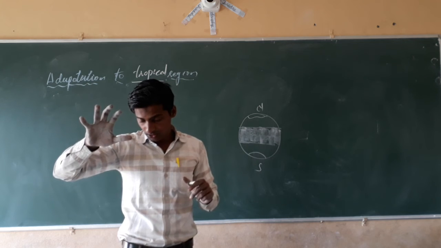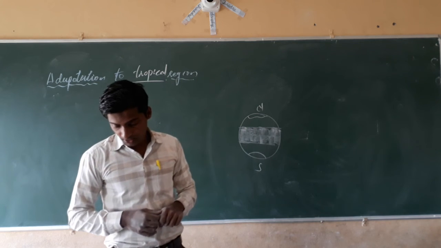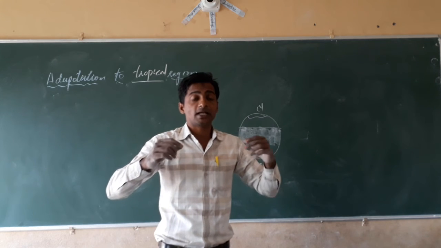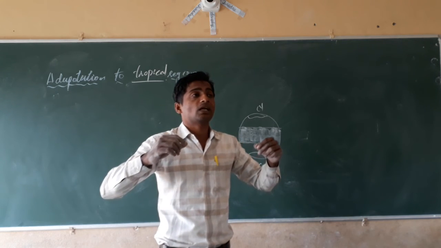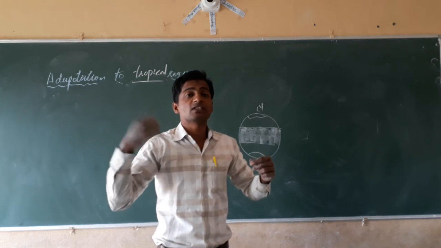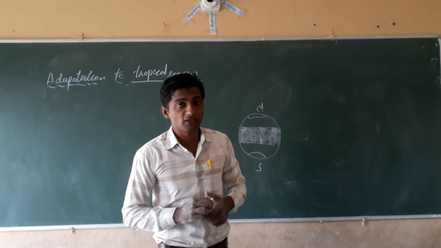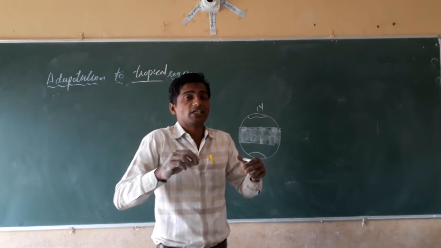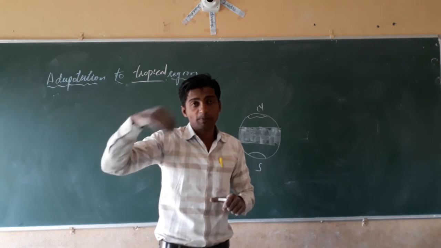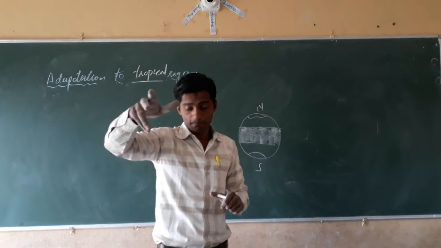And the red-eyed frog has a green body color, similar to the leaves of the plants, which enables it to hide from predators and to catch prey.